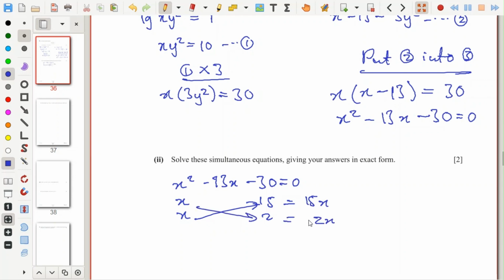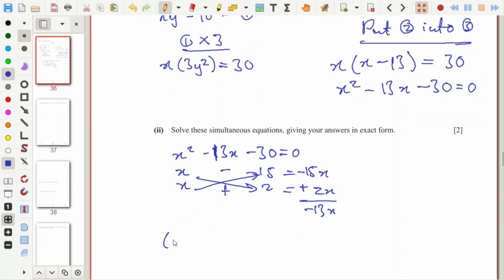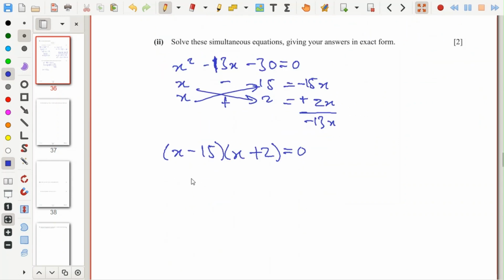What can I do to these two terms to get 13? If here is minus and here is plus, it will give me negative 13x. So I do the same thing. I bring the same sign here, negative and positive. So x is equal to 15 or x is equal to negative 2.